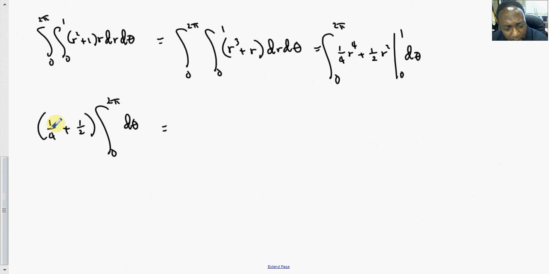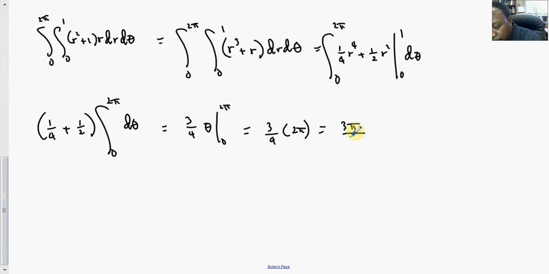So here we get 1/4 plus 2/4. That gives us 3/4 theta. Theta is evaluated from 0 to 2 pi. And that gives us 3/4 times 2 pi. So it gives us 3 pi over 2.